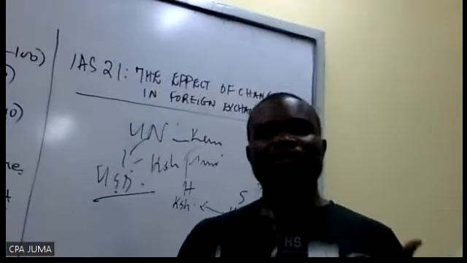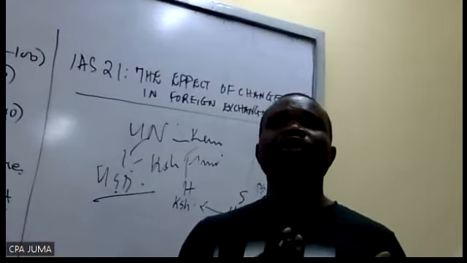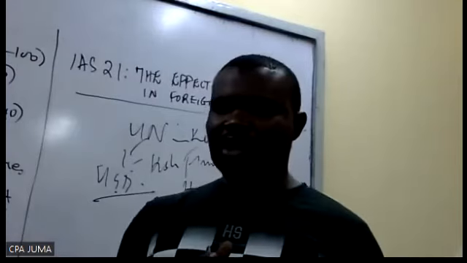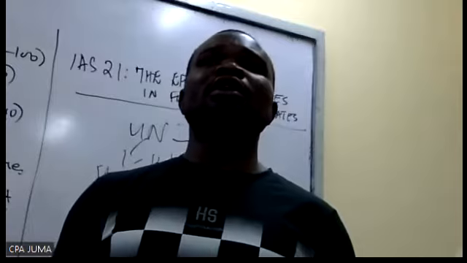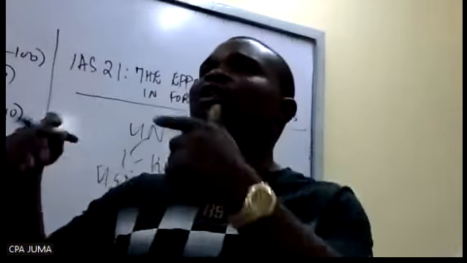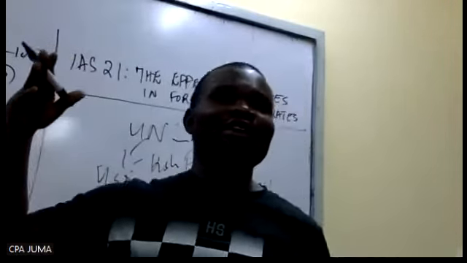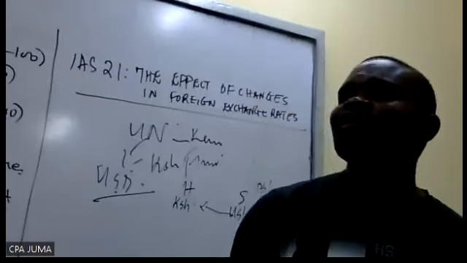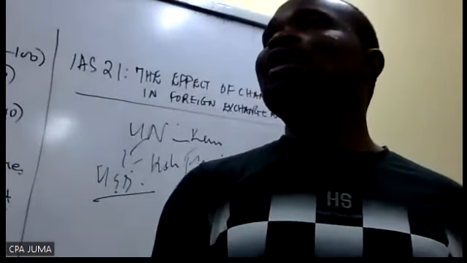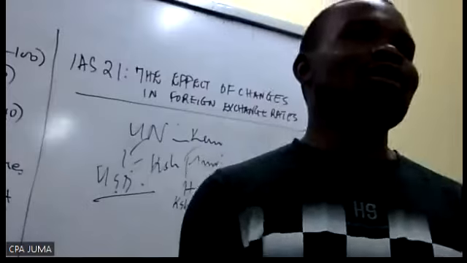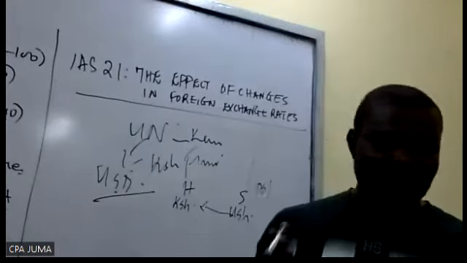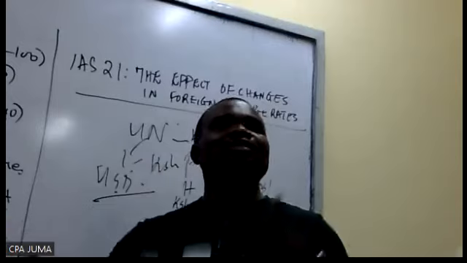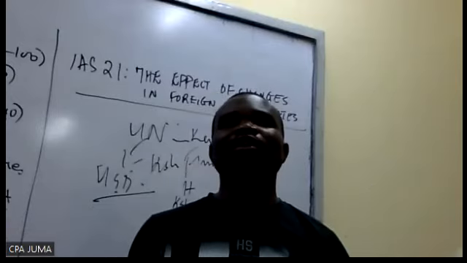I would wish to see an examiner bringing a question whereby the parent is operating in another country, say France. We want to see a situation whereby the parent is in France and subsidiary is in Kenya.